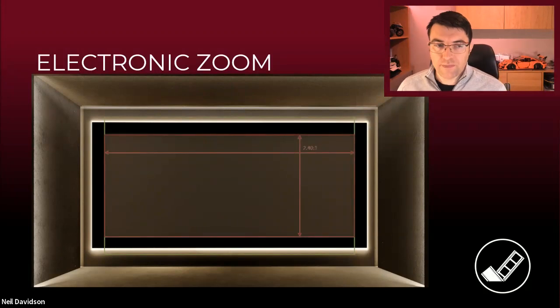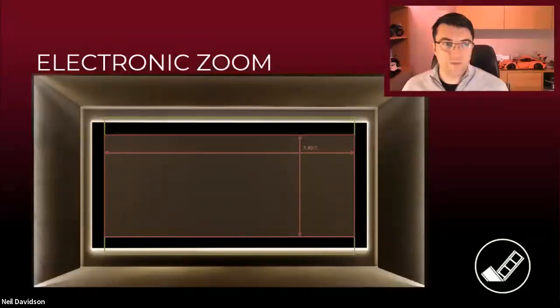So we're now back to that typical situation. We've set up our screen and our projector so that our screen is filled. Now, with the electronic zoom method, we are not going to change the zoom on the projector.